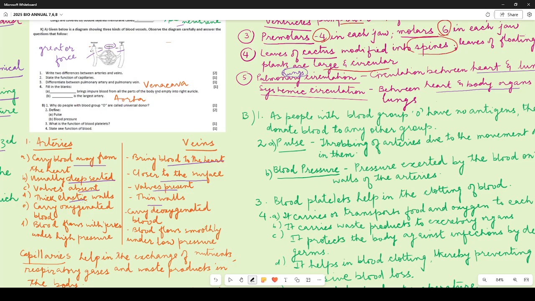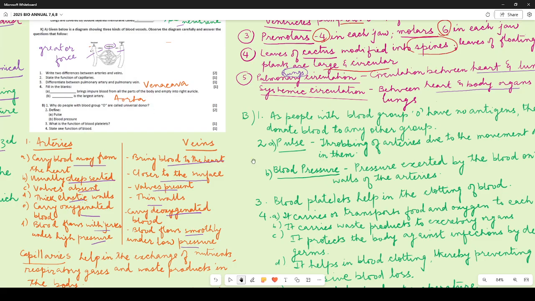The blood is flowing with a lesser force. Arteries carry oxygenated blood except the pulmonary artery, and veins generally carry deoxygenated blood except the pulmonary vein. In arteries, blood flows with jerks under high pressure. In veins, blood flows smoothly under low pressure. So the pressure is pretty low over here.